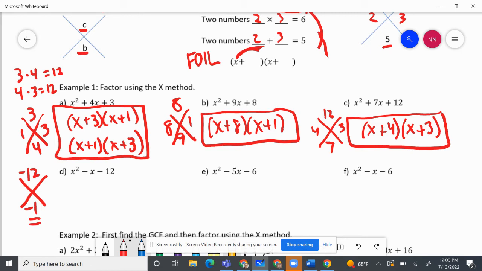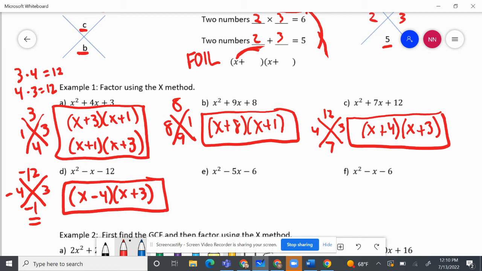So that means the negative has to be the larger number. So it's going to be negative 4 and 3, because negative 4 times 3 gives us negative 12, and negative 4 plus 3 gives us negative 1. So our answer is going to be x minus 4 and x plus 3.